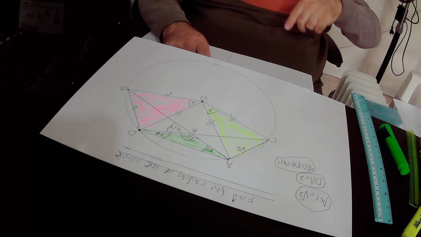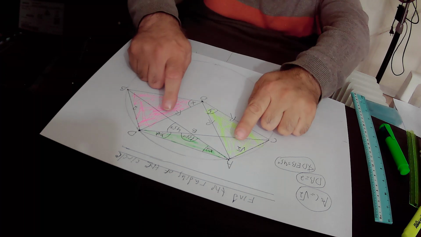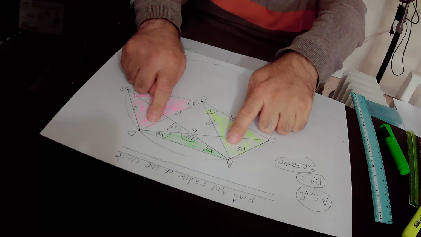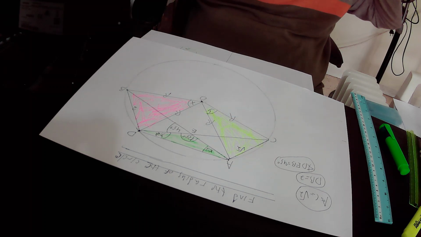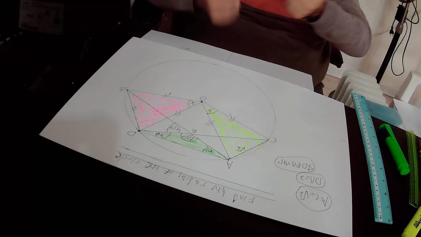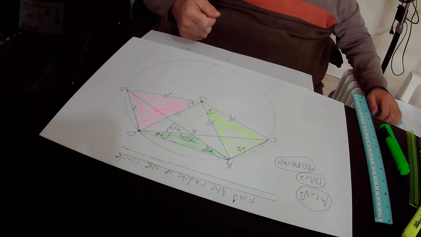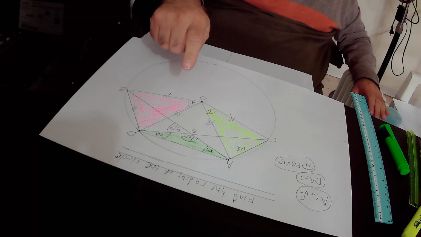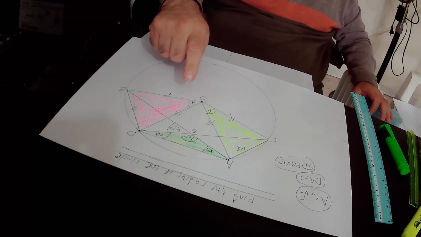So, in the next step, we focused on the green triangle AED. We have the rule that the sum of the angles in any triangle is equal to 180 degrees, and therefore the sum of the angles in triangle AED must be equal to 180 degrees. Which angles do we have here?